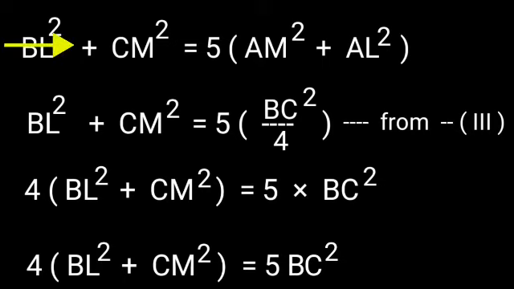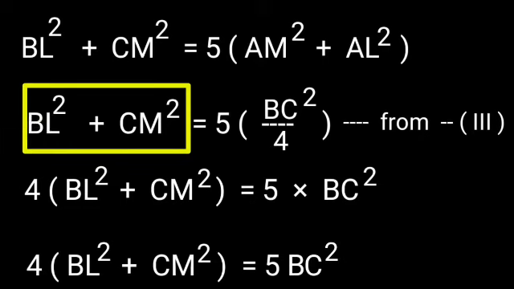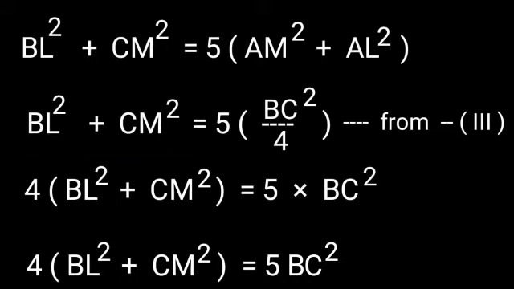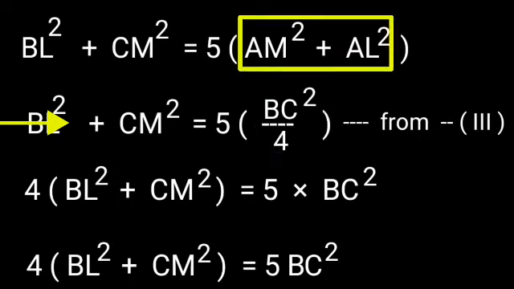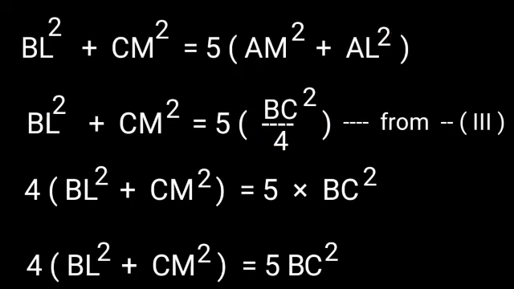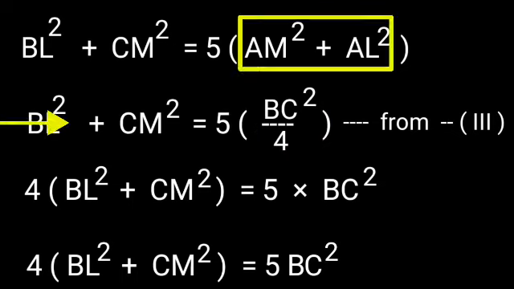Left hand side as it is, BL square plus CM square. To the right hand side, 5 into (AM square plus AL square) is nothing but BC square upon 4. This is from equation third.